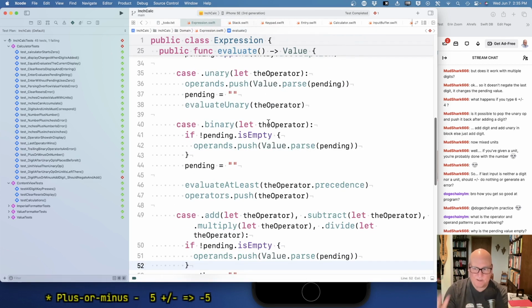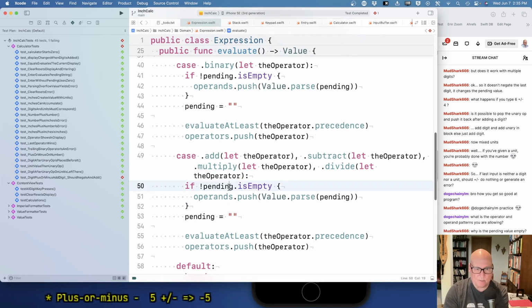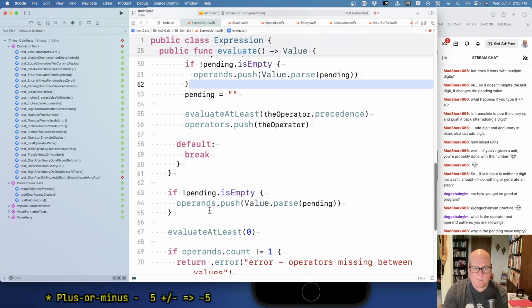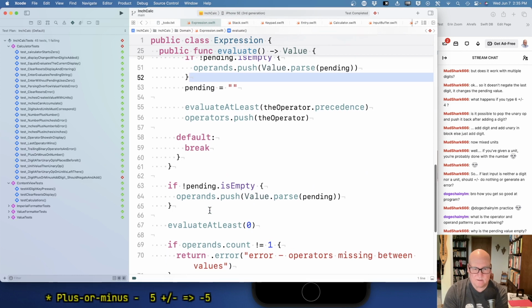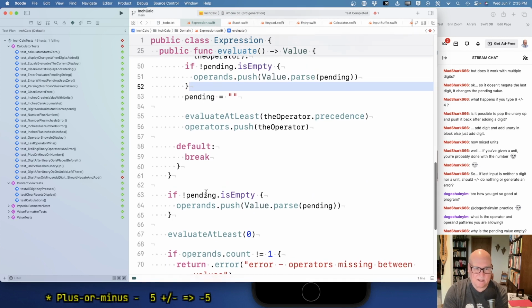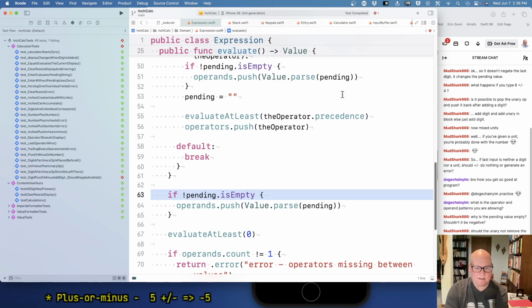And maybe we need to flip that around to do that, and it would avoid this stuff, because I feel like we're having to check more and more, and I don't really like that. Yeah, the other place we hit it was here. So if you did 7 plus or minus, 7 took care of the plus or minus. The plus or minus pushed the 7 on and then negated it, -7 on the stack, but there's no more pending because the thing already took care of it.